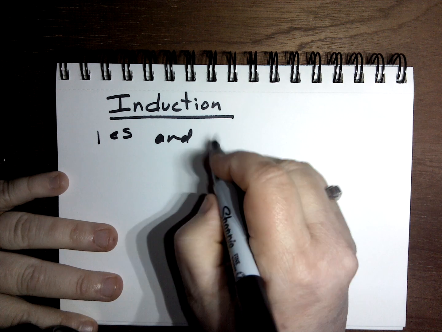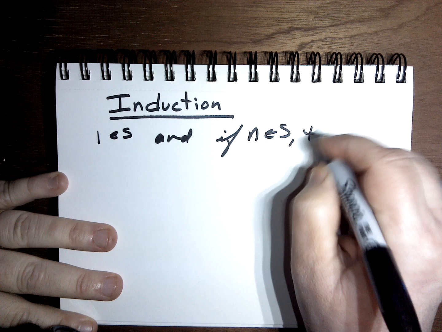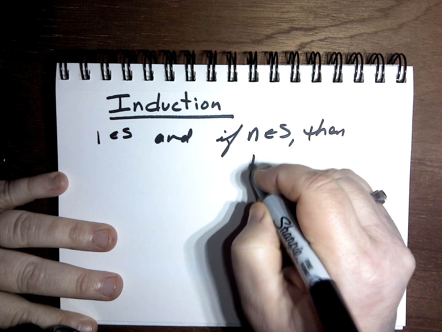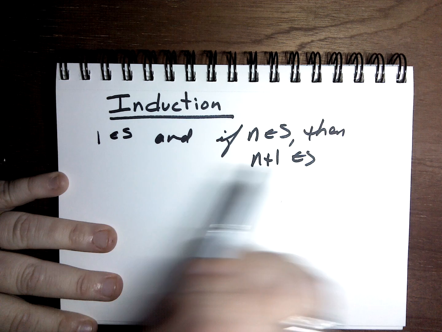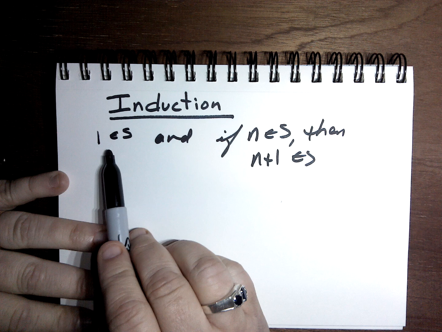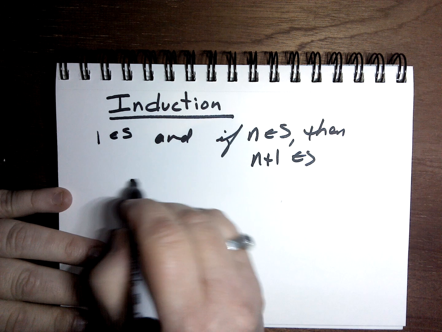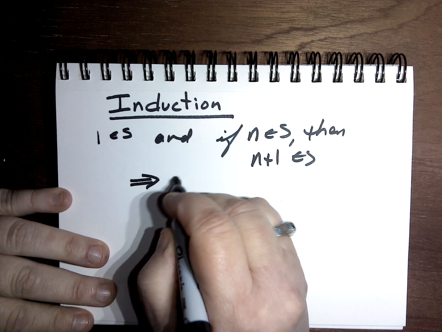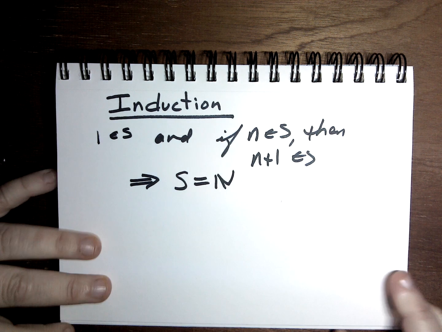So in other words, if n is in S, then n plus 1 is in S. These two used together, 1 is in there, and whenever a number is in there, the next one must be in there, tells me that S has to equal the natural numbers.